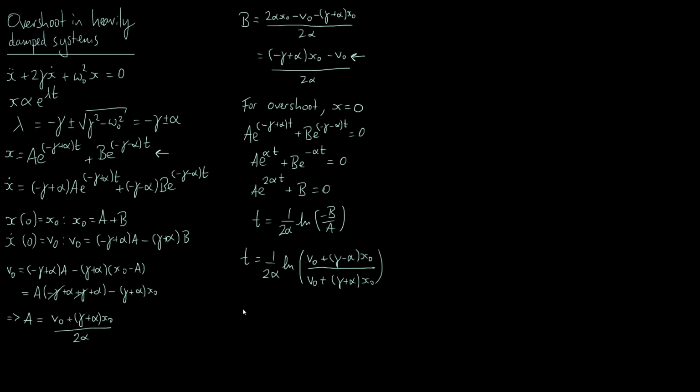So for t to be bigger than 0, to have a solution for overshoot to occur at some time after the motion starts, we need to have the argument (v0 plus gamma minus alpha x0) over (v0 plus gamma plus alpha x0) just bigger than 1.